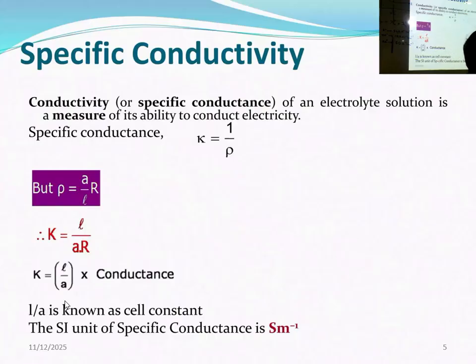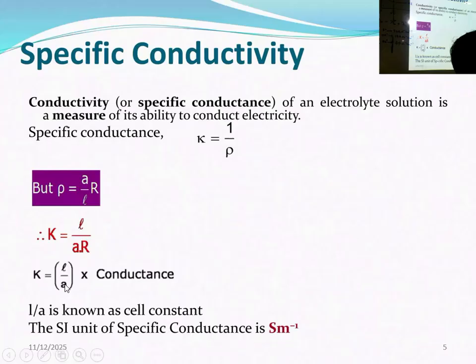I told you that we take one electrolyte and dip the electrode into the solution, as in conductometric titration. There we had two electrodes, 1 square centimeter area, and the gap is 1 centimeter. So that's why L by A was taken as unit 1.